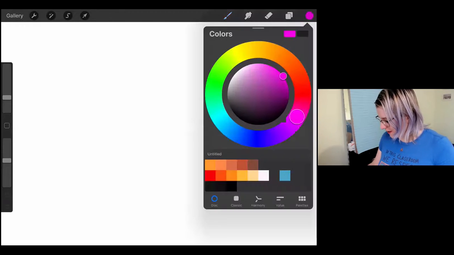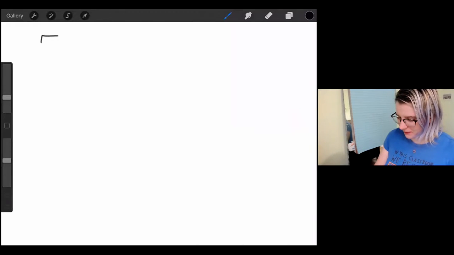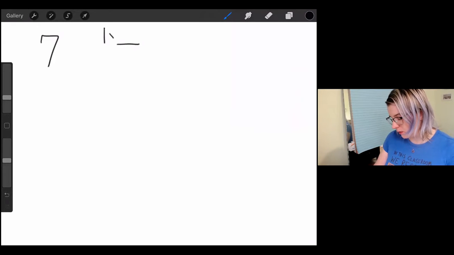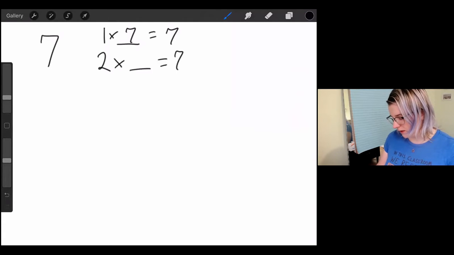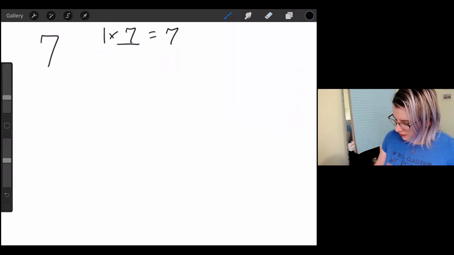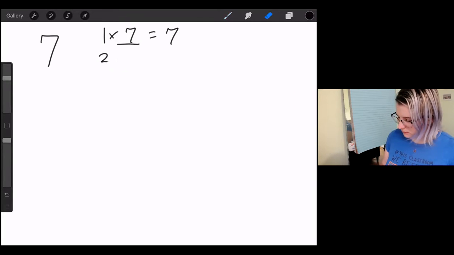What if I give you the number 7? Is 7 prime or composite? Let's list all the factors. Remember, we can do it this way. 1 times what equals 7? 7. 2 times what equals 7? Nothing, so we can erase that. 3 times what equals 7? Nothing.